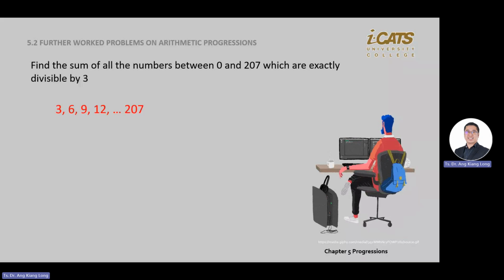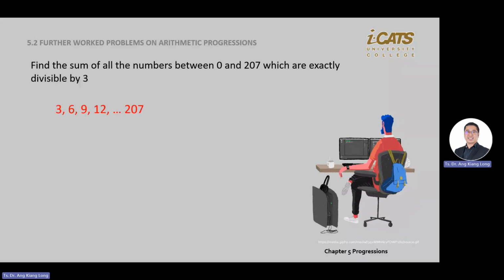So here you have the first number, you have the last number. If you have A, you have the last number. You know the difference. You should be able to use these two equations. You should be able to find the number of terms and also find the sum. Some of you have problems converting this statement into data.